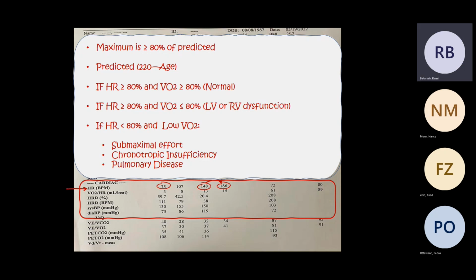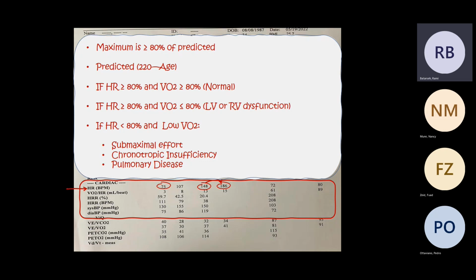What do you mean? My heart did not reach the maximum, and my oxygen consumption did not reach the maximum. It's most probably not because of my heart, but because my lung did not allow me to reach the maximum. I start having shortness of breath and limitation by my lung, which does not give my heart the time to reach the maximum.